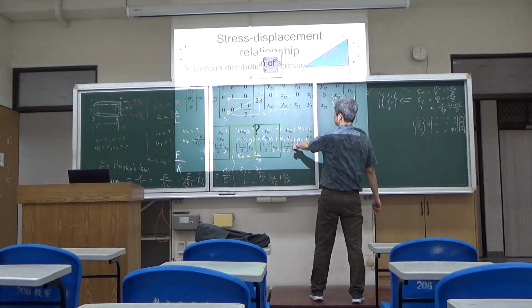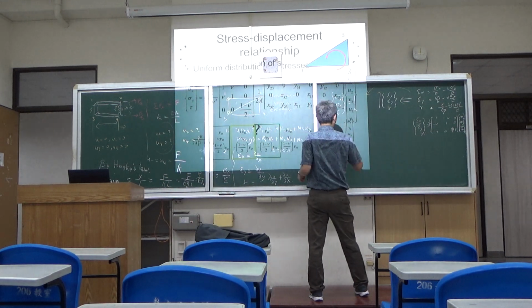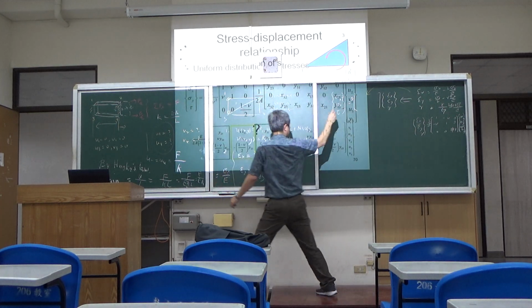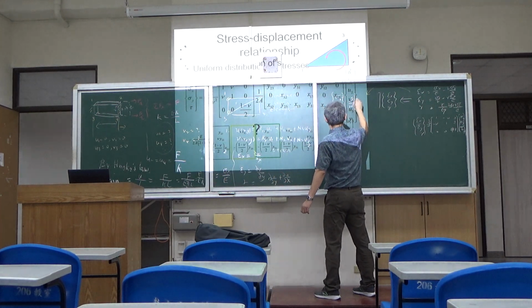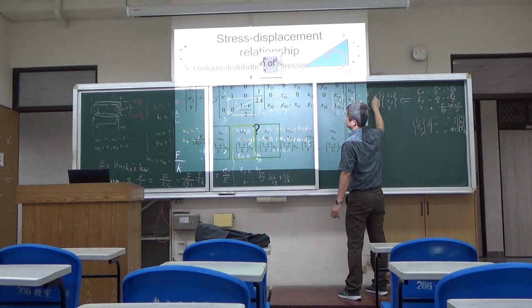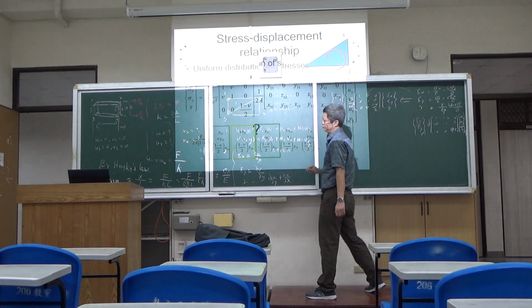This expression is going to be E over 1 minus the Poisson ratio squared, and then this is the matrix 1, nu, 0; nu, 1, 0; and then 0, 0, 1 minus nu over 2.